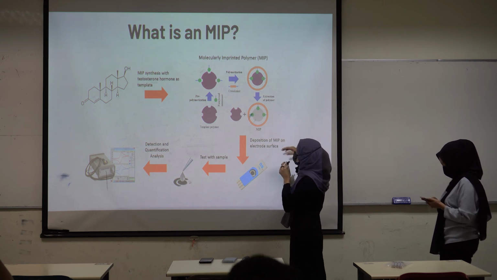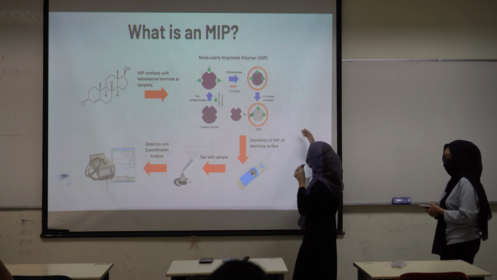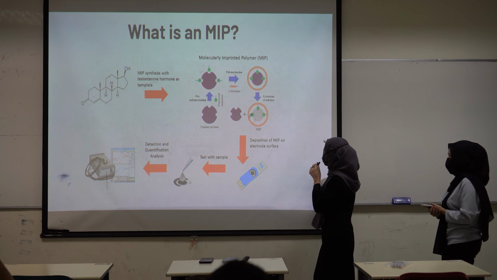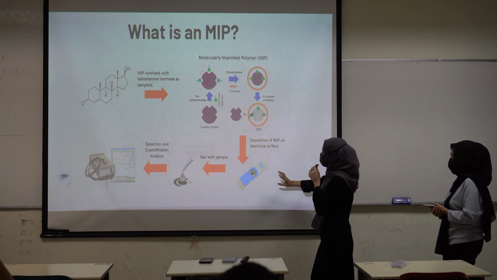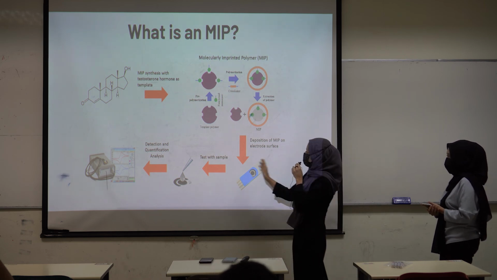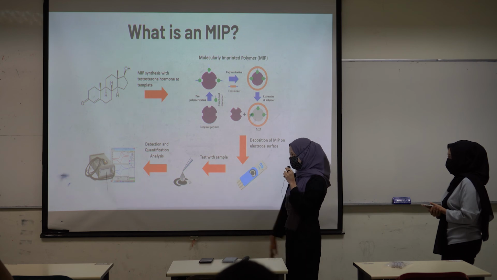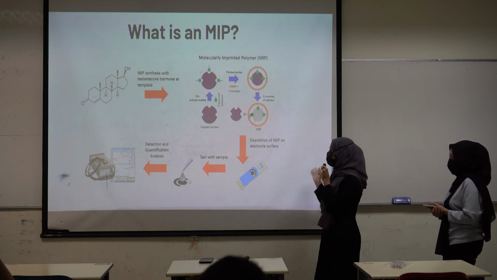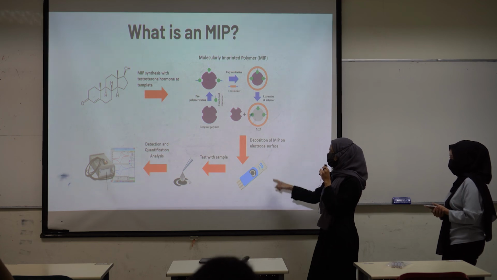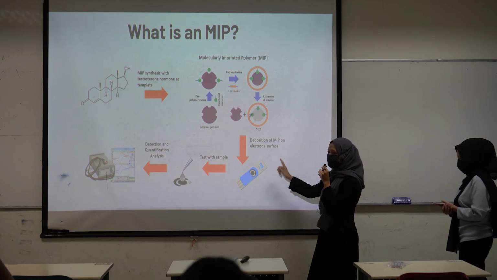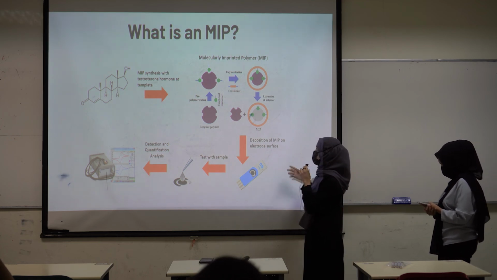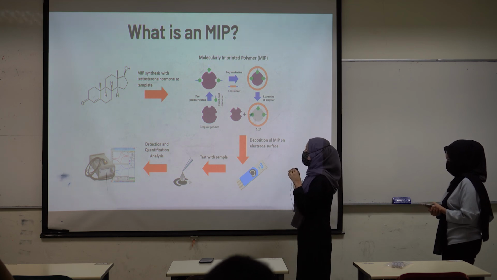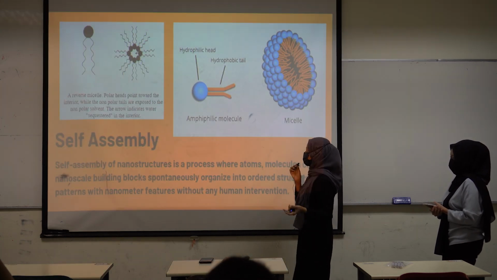Then we deposit the MIP onto an electrode surface to be tested with a sample. This electrode is commonly used for sensors like COVID tests, pregnancy tests, and stuff like that. Next, I will pass it to Siti Rohani to explain about self-assembly.